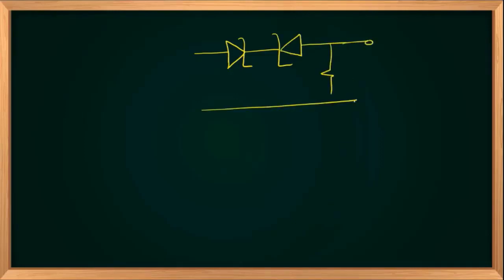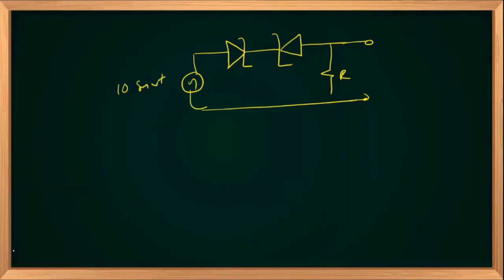Now, to understand the properties of Zener diodes better, let us place two Zener diodes like this along with the resistor. My input is, let us assume, 10 sine omega t.